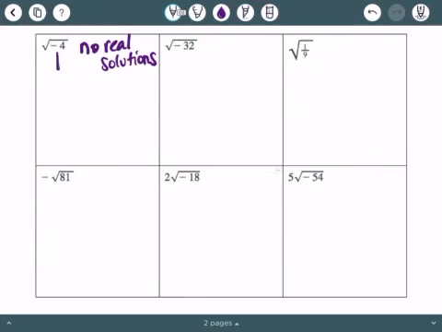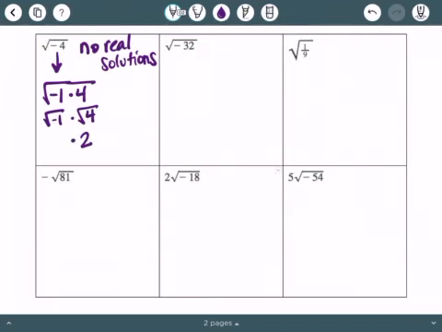And so what that means is that we're going to take this, we're going to split it into the square root of negative 1 times 4. We're allowed to do that because negative 1 times 4 is the same as negative 4. We can then split that into the square root of negative 1 and the square root of 4, which means that we have the square root of 4, which is 2.